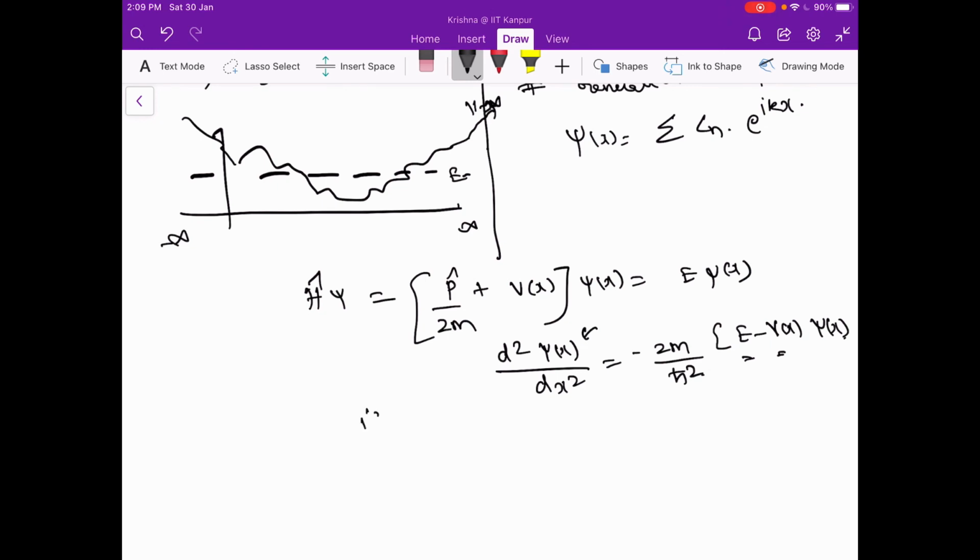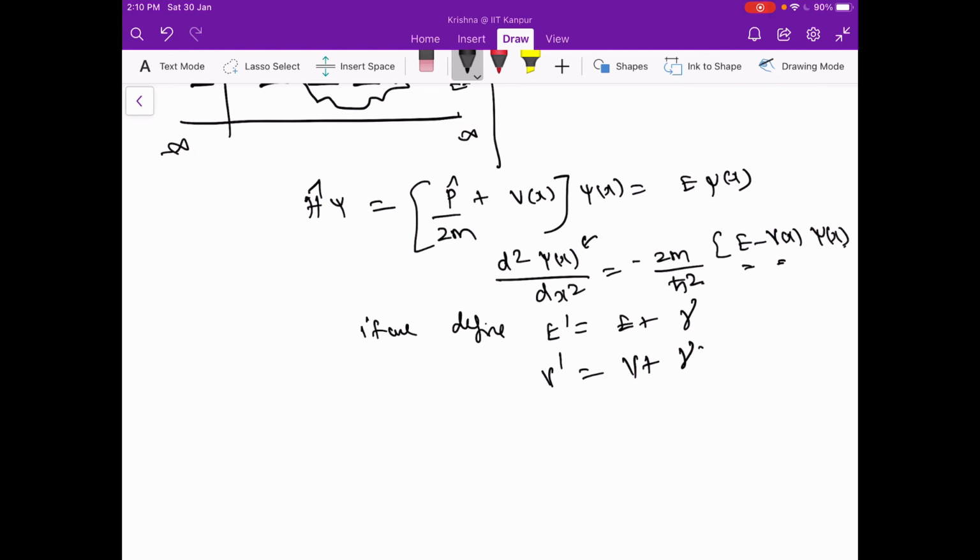For instance, if we define E hat as E plus some constant gamma, and similarly V hat as V plus some constant gamma, right? You can clearly see that the Schrodinger equation does not get changed. So you can always offset the potential by some constant value, and hence the energy, right? So that the total wave function does not get altered.